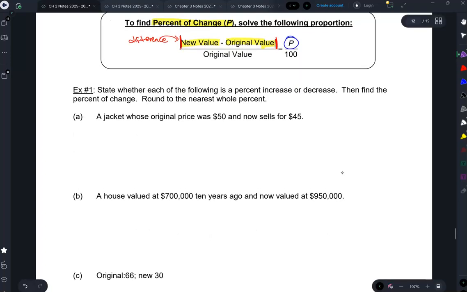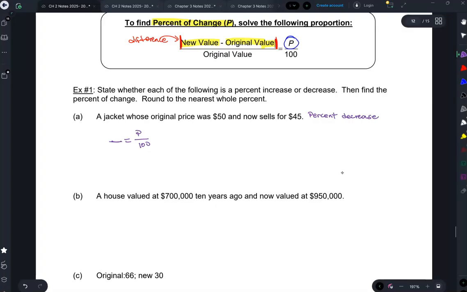So take a look here. A jacket whose original price was 50 now sells for 45. So first of all, is this a percent increase or decrease? Decrease. Okay, so now we're going to create a proportion. All right? And this is going to be P over 100.